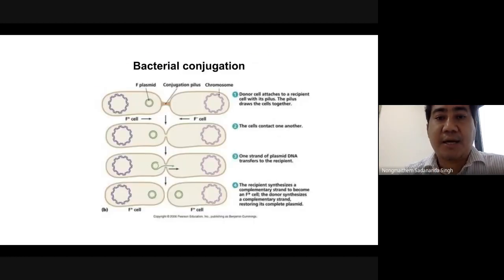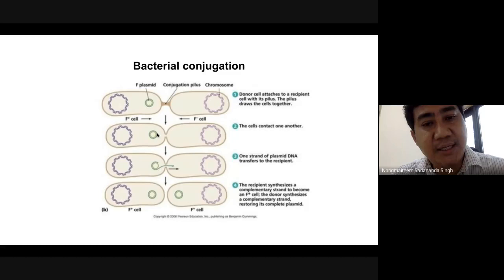Okay, and another effect is that during bacterial conjugation, when there is a gene transfer from one bacteria to another through the pilus, the organelle, it has been studied in the F plasmid of E. coli.